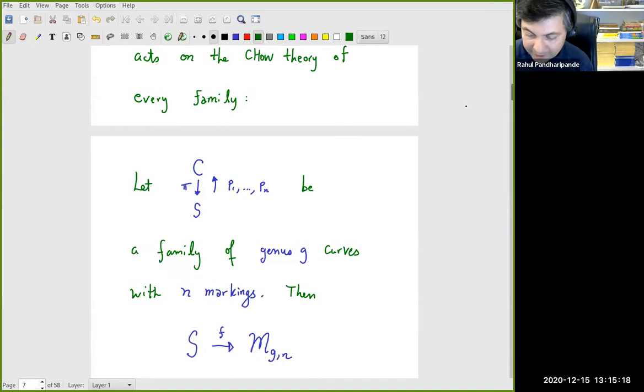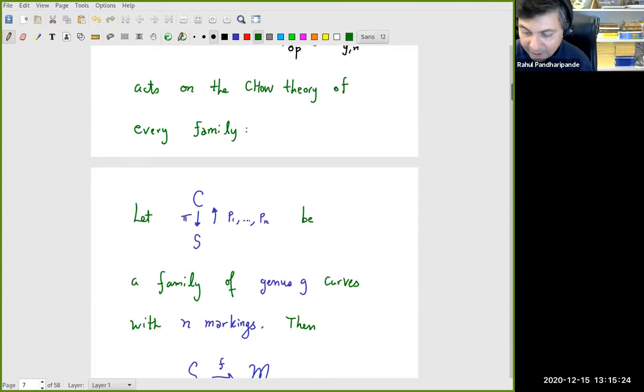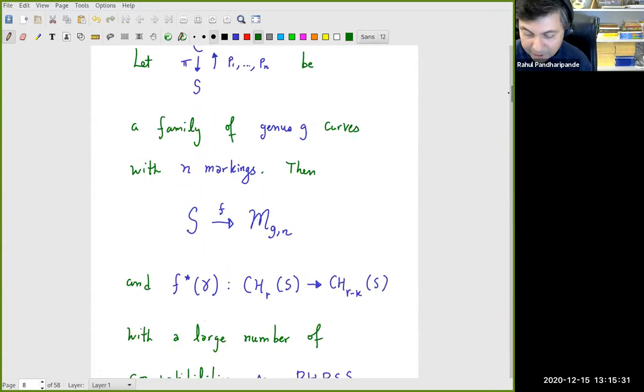That's an object for this Artin stack. And one views that as a map from the base to the Artin stack. So whenever one comes up with such a family, this operational Chow class has to act on the Chow groups of that S, because the idea is you pull it back.